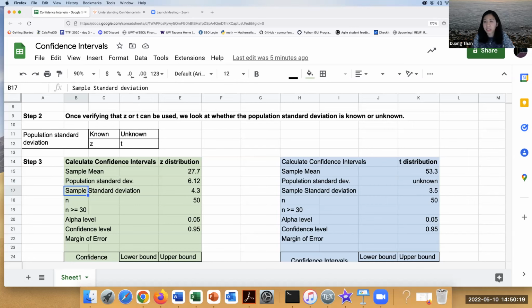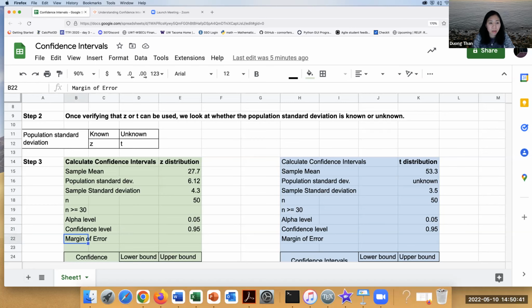The sample standard deviation can always be calculated, but it is not used in this case. You have N, which is the sample size, and you have the alpha level and the confidence level. If the alpha level is 0.05, then the confidence level is 0.95, which is 1 minus 0.05.